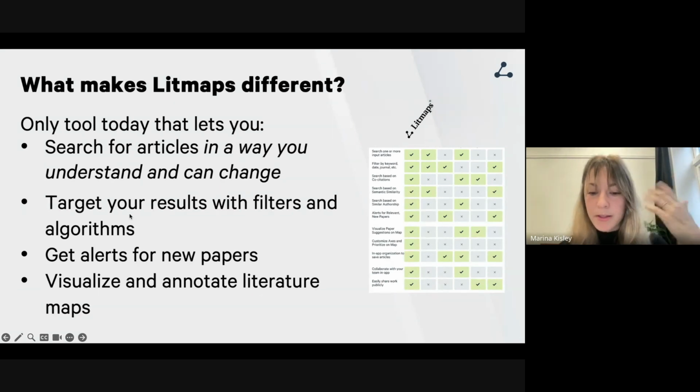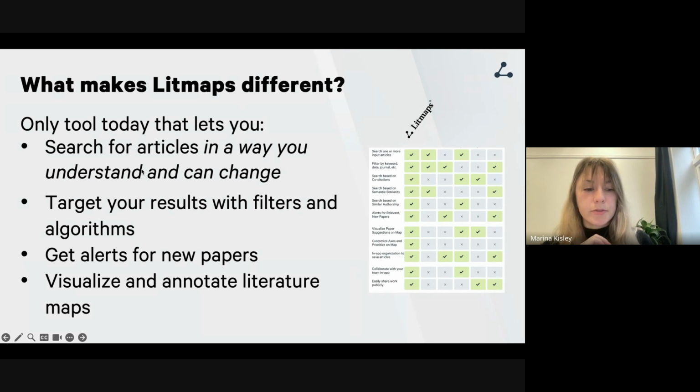Litmaps is also the only tool that has a custom-built visualization engine. So that's why our visualizations tend to look rather different. And as well as targeting results with filters, I think other apps also have different filters. So right now we have 4 different filters you can look by: journal, author, keywords, and dates.